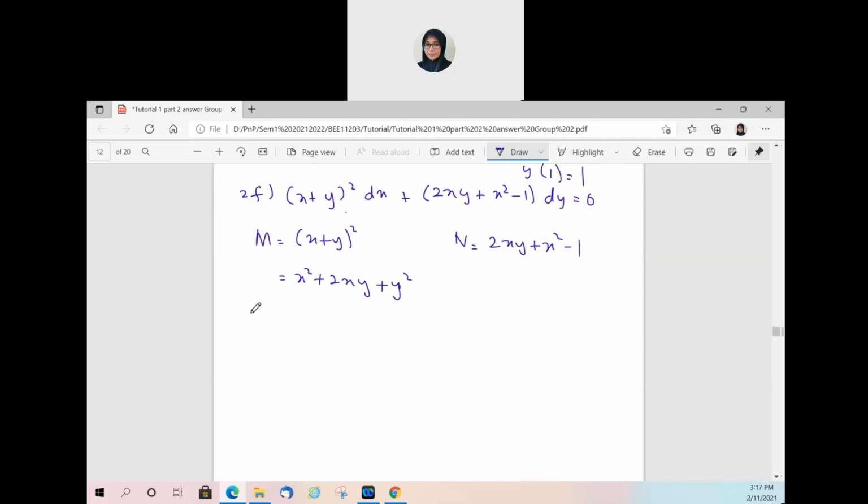Then you have to differentiate m terhadap y. So you differentiate this m with respect to y. This one, x square, you differentiate x square terhadap y.